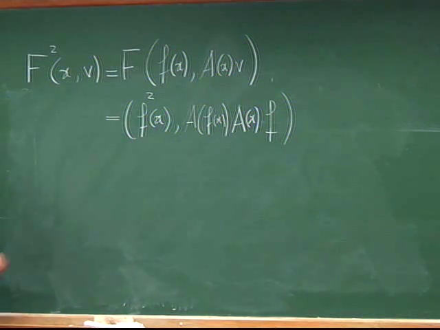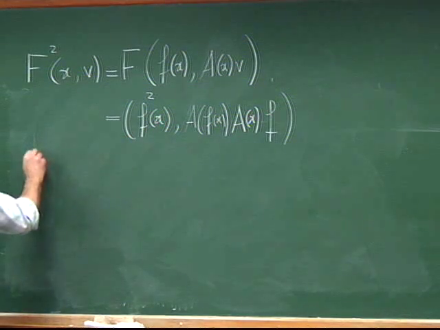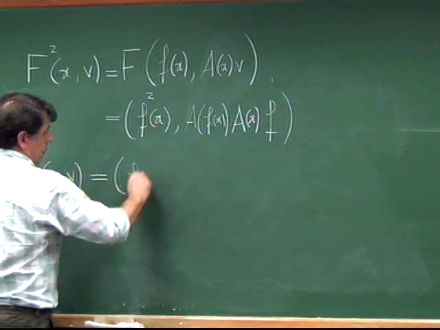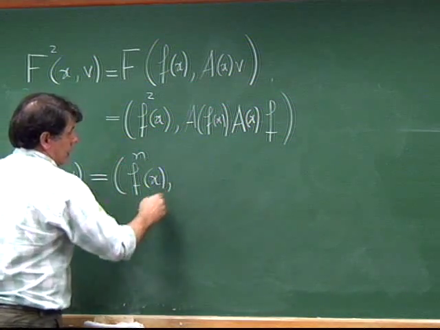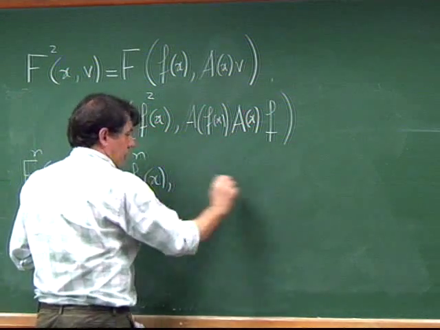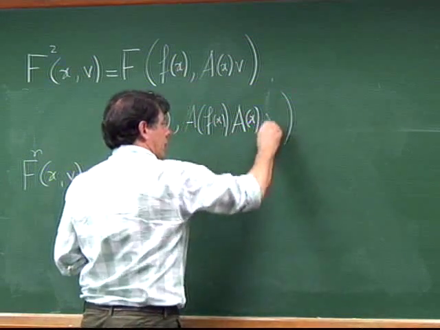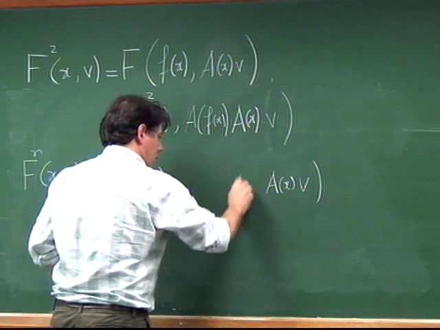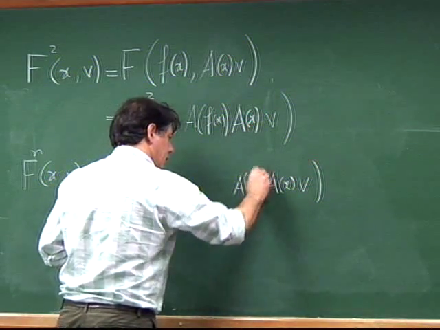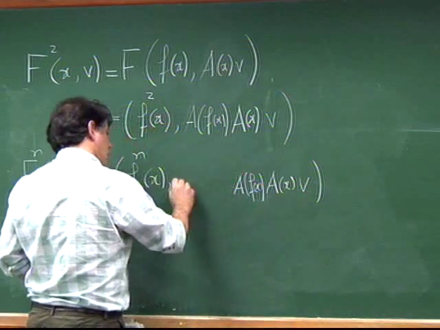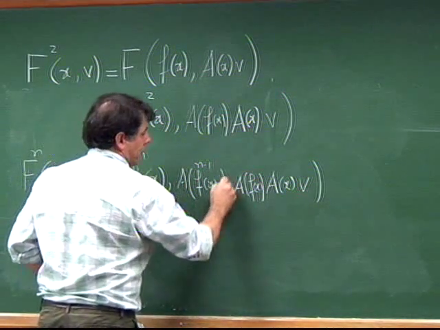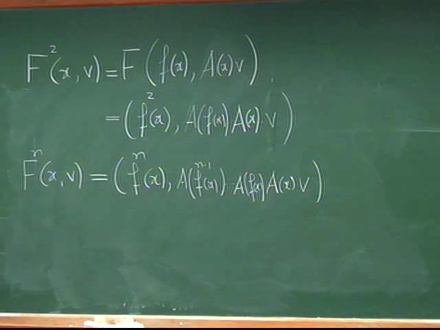And more generally, F^n of (x, v) is (f^n of x, and then here you have the product A(x) A(f(x)) ... A(f^(n-1)(x)) applied to v).